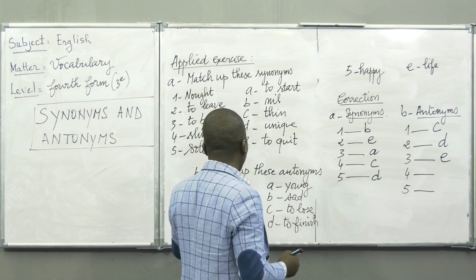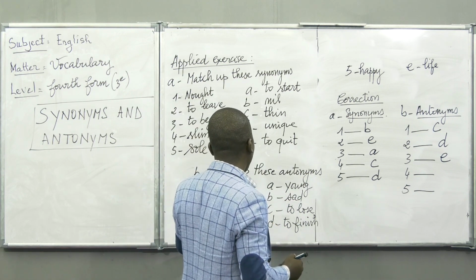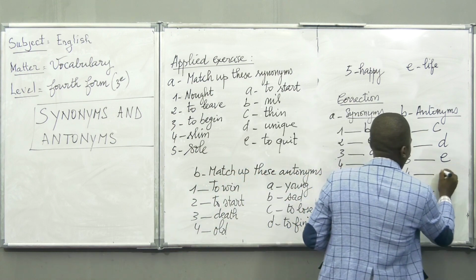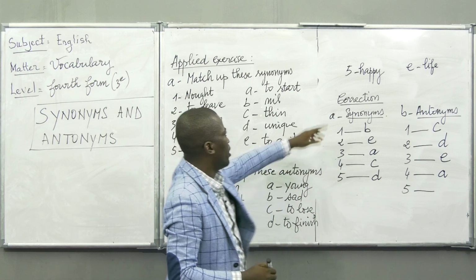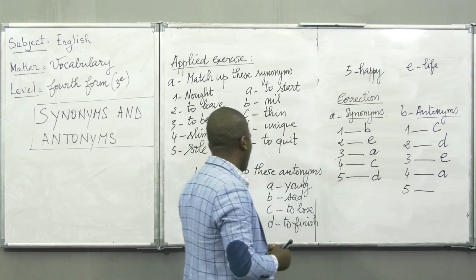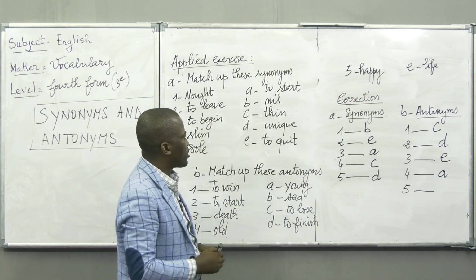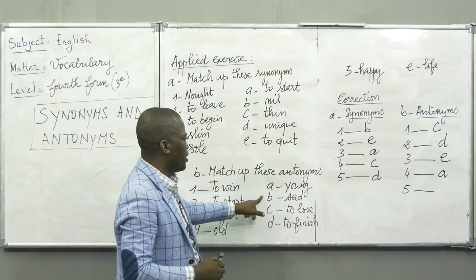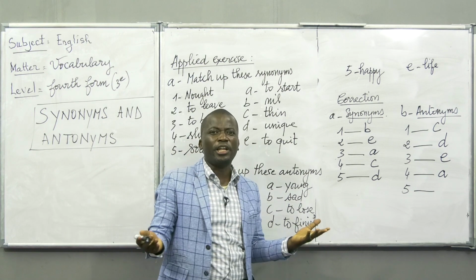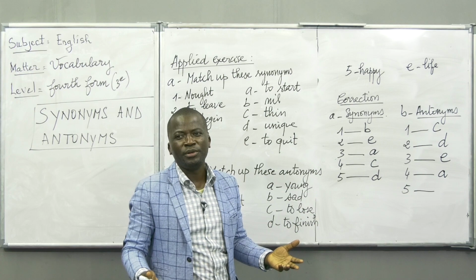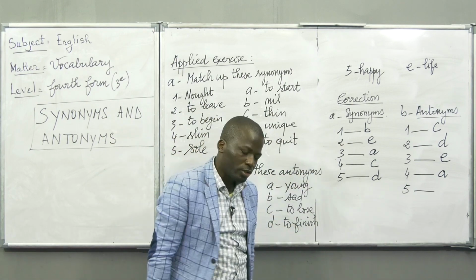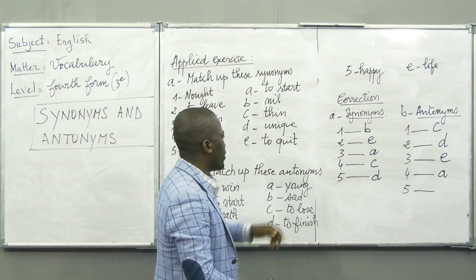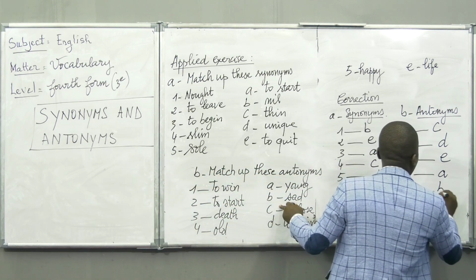Then old, 4, goes with A, young. 5 now. Happy. Yes, it goes with B, sad. Mr. Elenga was happy because he won much money. Then happy, but sad. So it's the contrary. Then I write letter B.